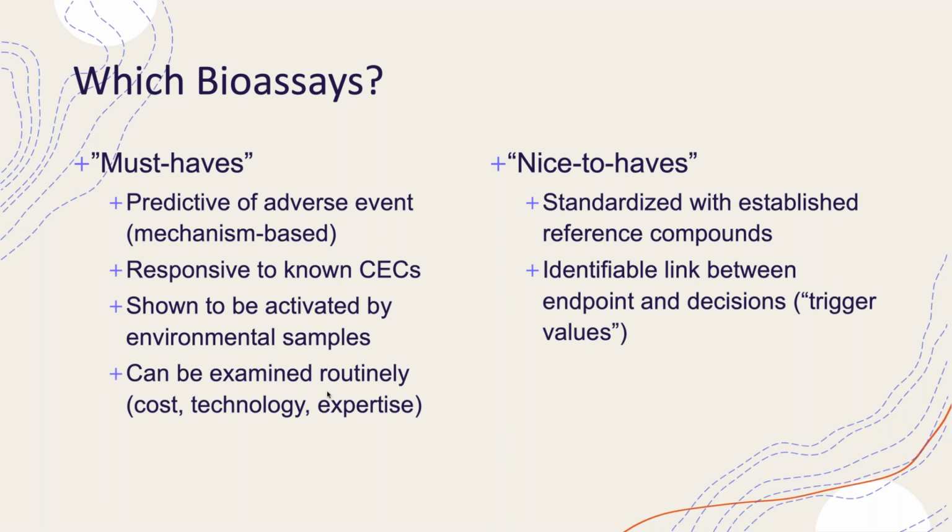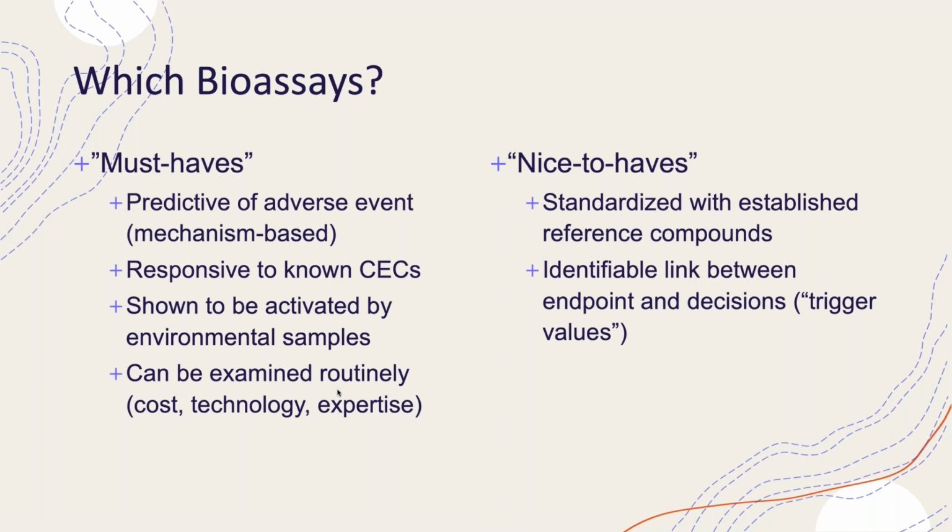And so that we can make that link between the presence of an activity and the presence of a potential adverse event. We also want this bioassay to be responsive to known contaminants of emerging concern, things that we know that are in the environment. We want to be able to address the environmental samples and whether they've been looked at in environmental matrices in the past and correlated with the presence of contaminants of emerging concern.